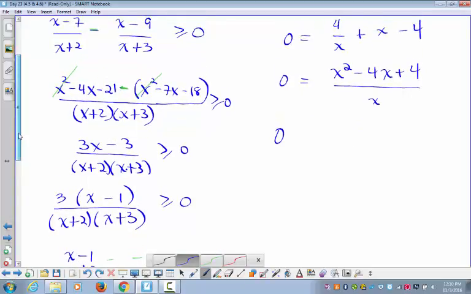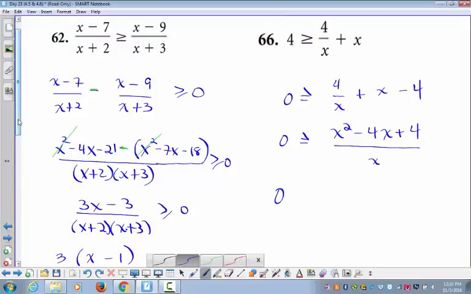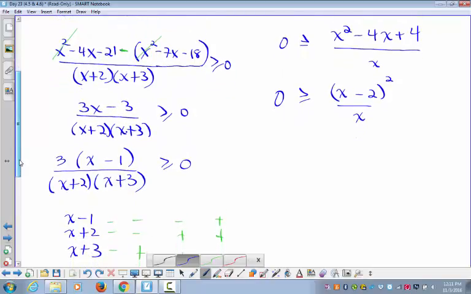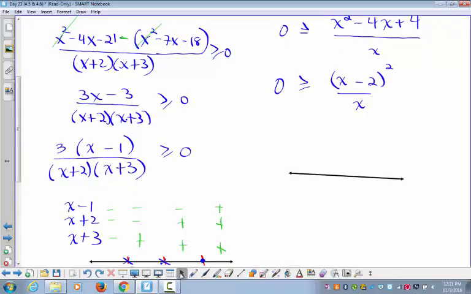Oh, why do I have an equal? This should be greater than or equal to. This factors nicely. Okay. So now the zeros are just 0 and 2.